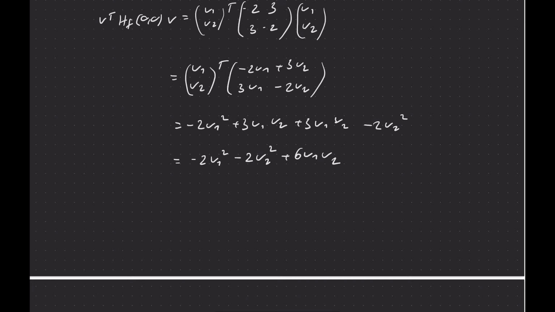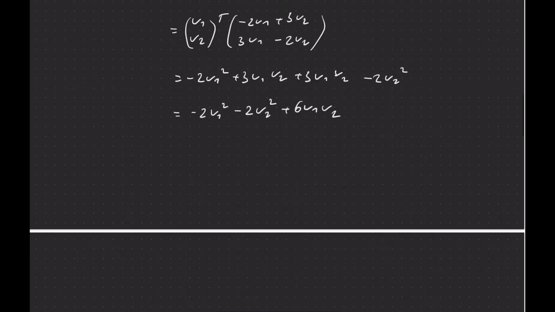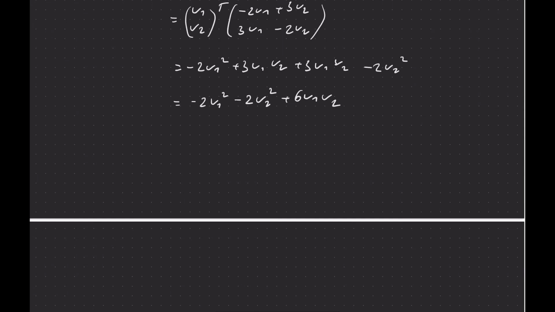Okay, so on the one hand, we have negatives here. On the other hand, we have this mixed term that we can probably steer in every direction that we want. So let's see if we can find vectors where this value is positive and others where this value is negative. And that would prove that the matrix is indefinite.